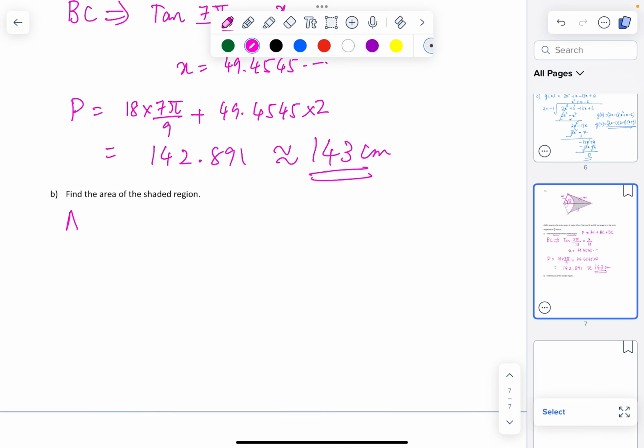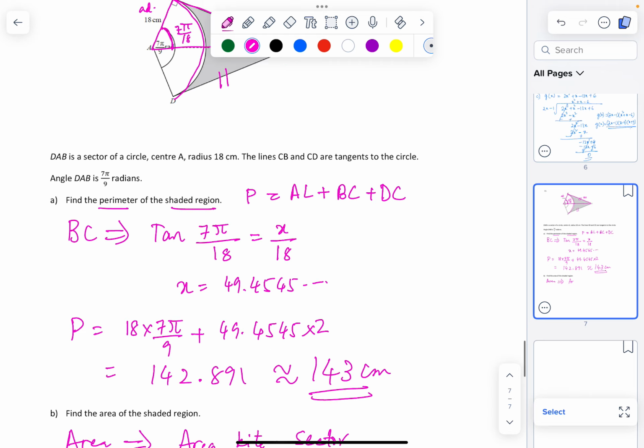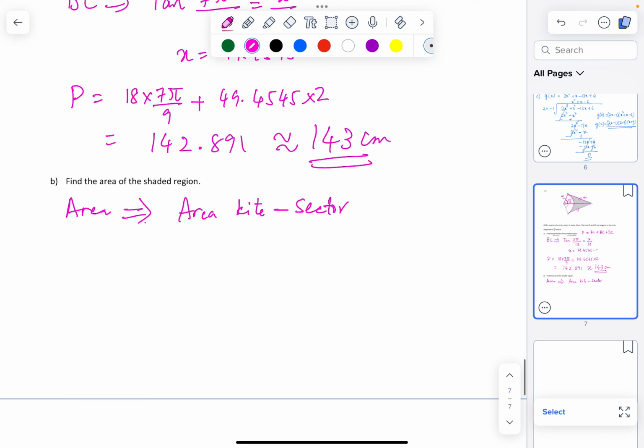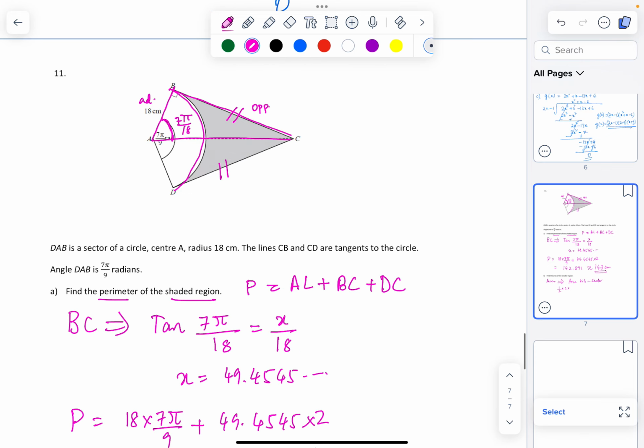Then the area. How do we find area? Area is going to be area of the kite, because this looks like a kite, right? Area of kite minus sector. If you don't know the formula for area of the kite, you can basically take two triangles. So half times two triangles. So this is a right angle triangle.